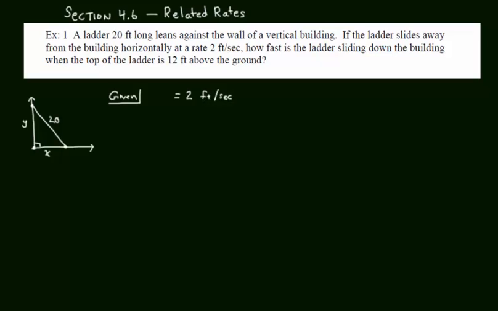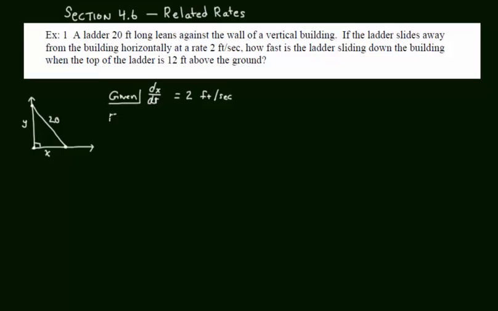Notice we have feet per second. That's a rate of change. That's a distance over time. So what we want to label this is dx/dt. It says the rate of change in x, the thing we labeled x, with time is going to be 2 feet per second. So we're introducing this variable of time, dx/dt.